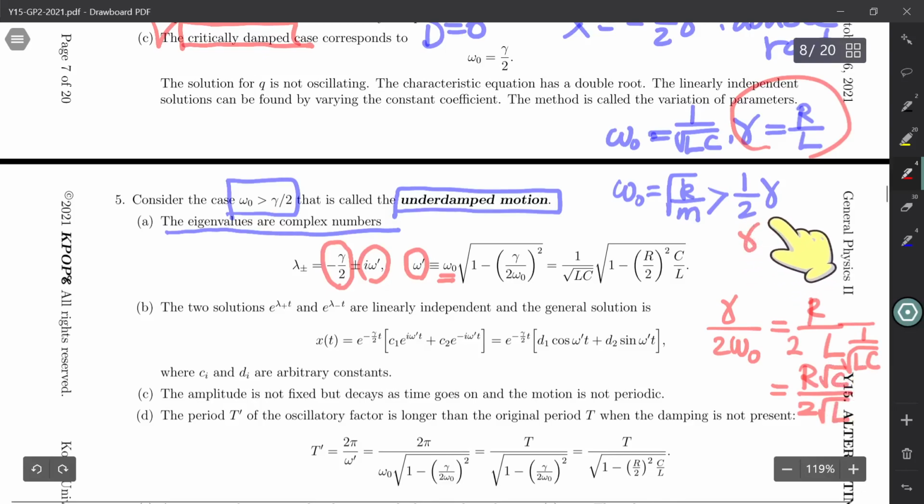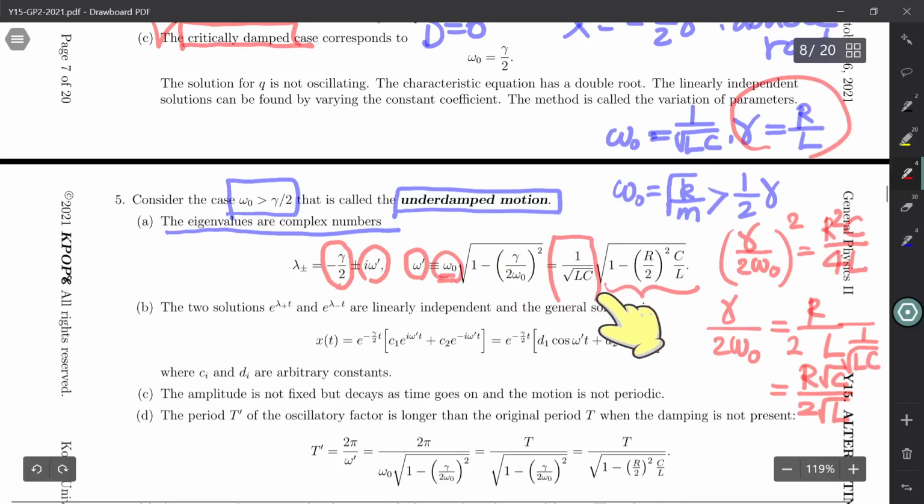Therefore, gamma over 2 omega 0 squared is R squared C over 4L. And omega 0 is 1 over square root LC.